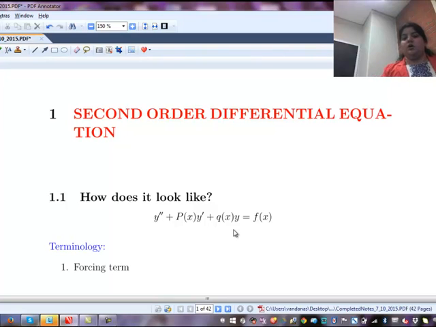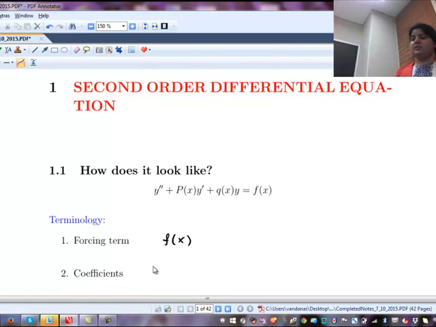The order is 2. The terminology associated with this differential equation is that the right hand side, f(x), is called a forcing term, and the coefficients will be p(x) and q(x).